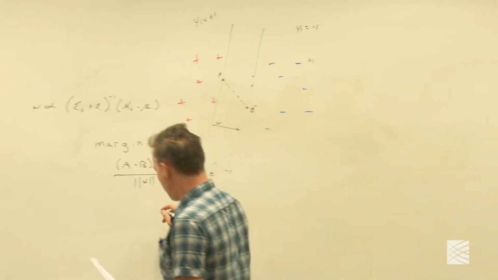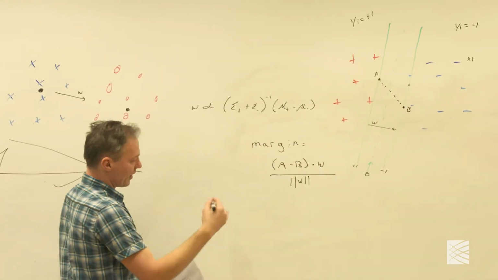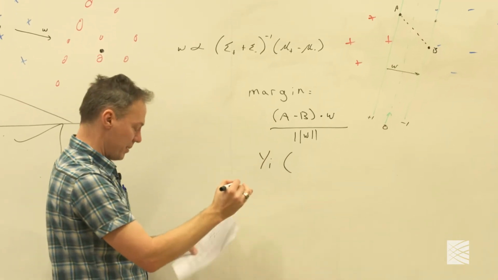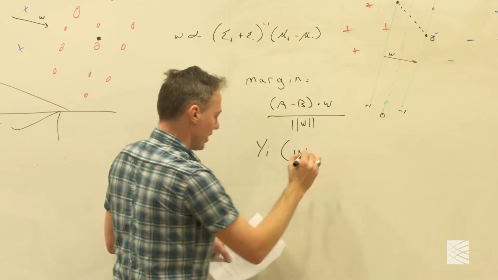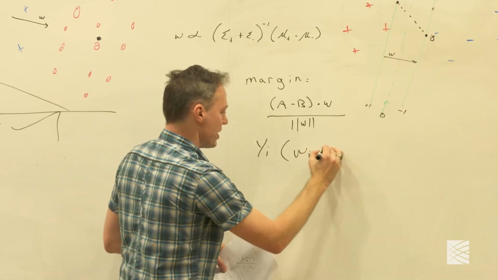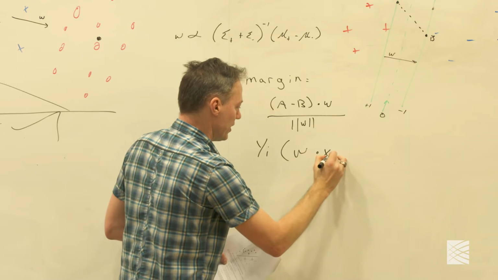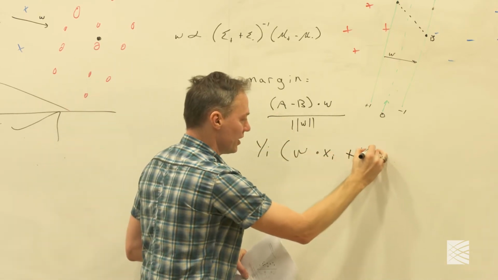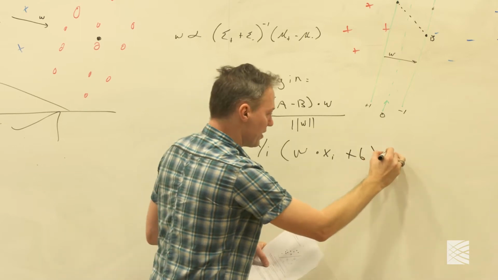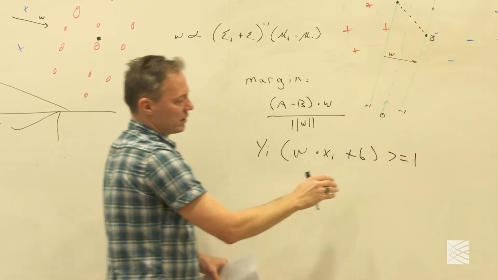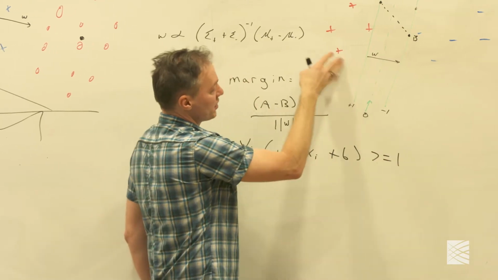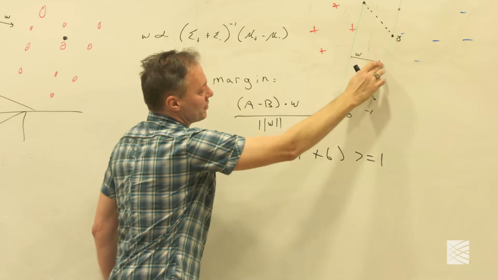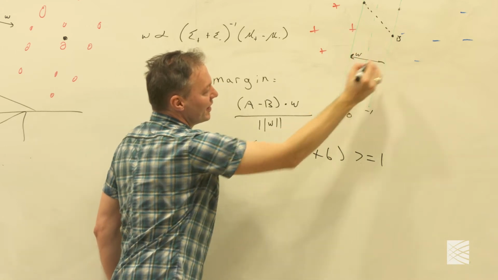So we're going to require, let's do this here, that for every point, its label times the output of our linear classifier, so W dot xi, so with the projection onto this W plus some bias that we'll solve for later, is greater than or equal to 1. So this says everything that's over here, the dot product of W, I should probably face W the right way, there.